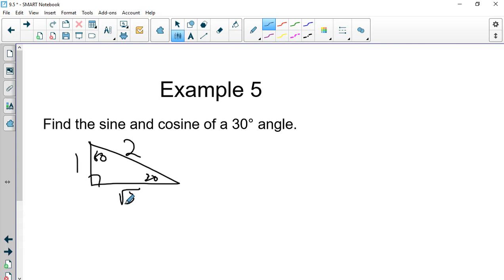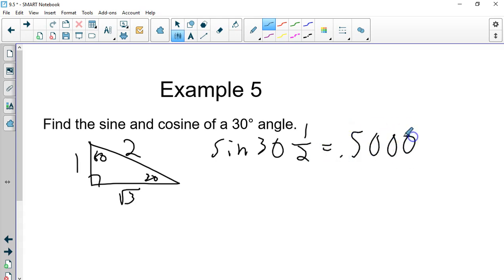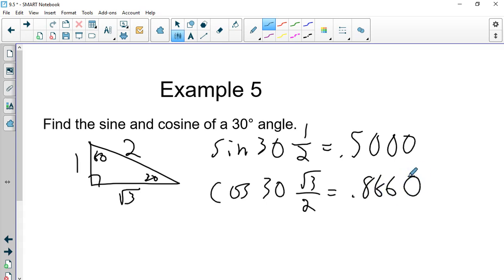So, the sine of a 30-degree angle is going to be opposite 1 over hypotenuse 2, which is simply 0.5. But we're using 4 decimal places, so we're going to write 0.5000. Now the cosine of 30 is going to be adjacent, root 3 over 2. Type that in the calculator, and we get 0.866. And we're just going to tack on a 0 and take it out to 4 places.